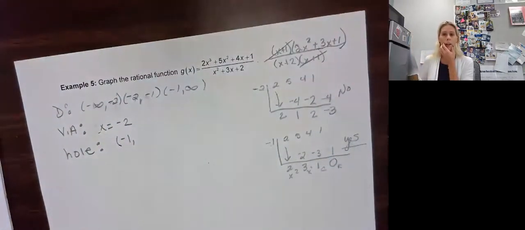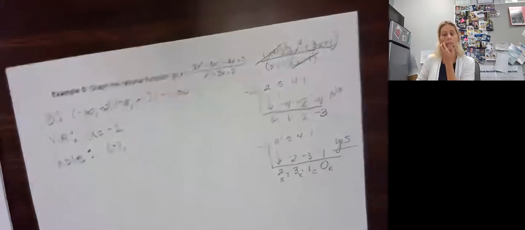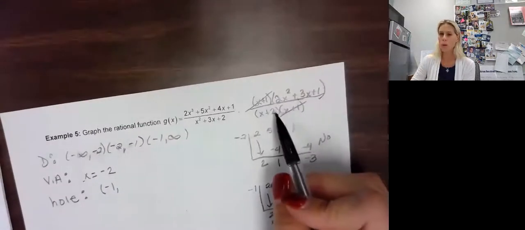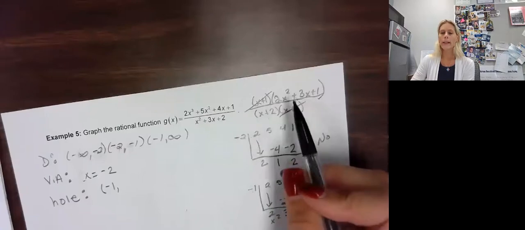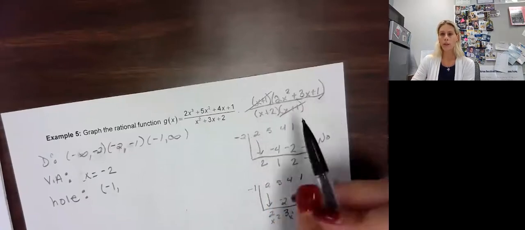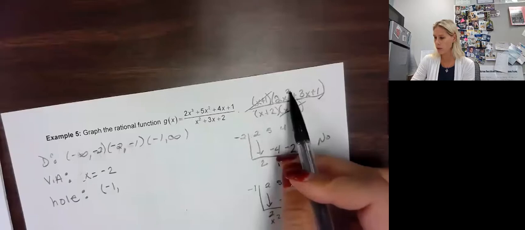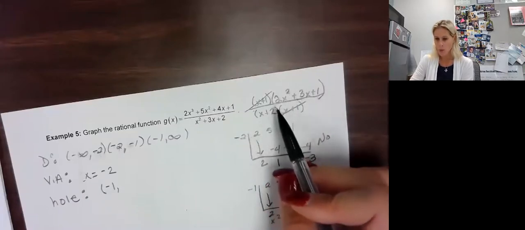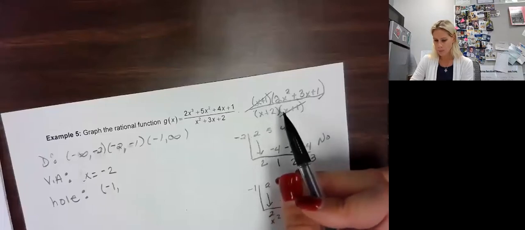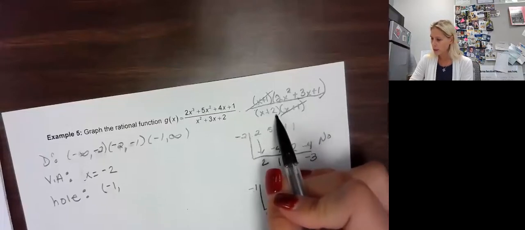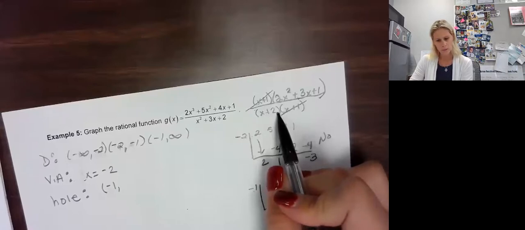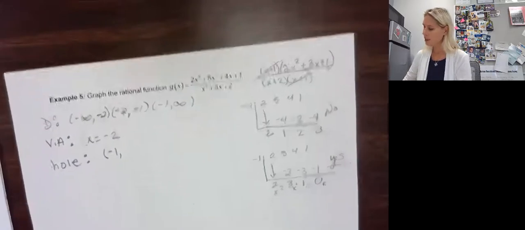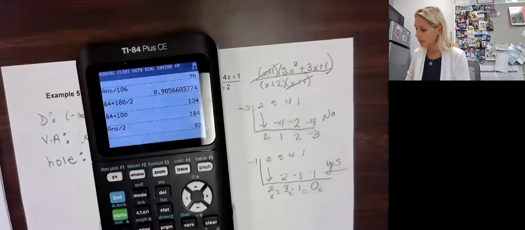Do you remember how to find the y value? To find the y value, you plug it into the x of your reduced one. So we're going to plug -1 into the top and the bottom. When you plug in -1, let's check this, right?